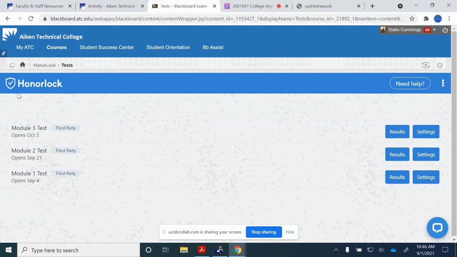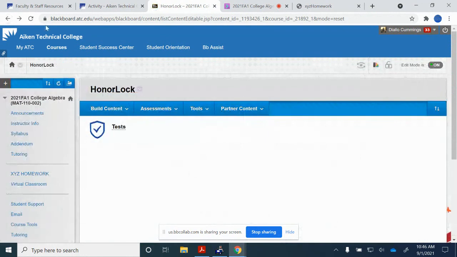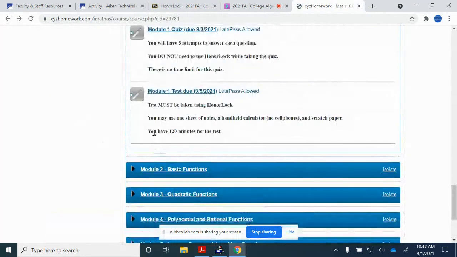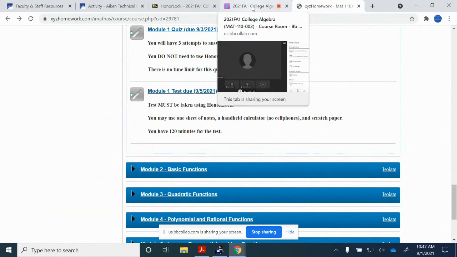And you will be allowed to use a sheet of notes, front and back. You'll be able to use a handheld calculator, but no cell phone calculator emulators whatsoever. You're able to use scratch paper and some writing materials. The test is also timed at 120 minutes, which is 2 hours.